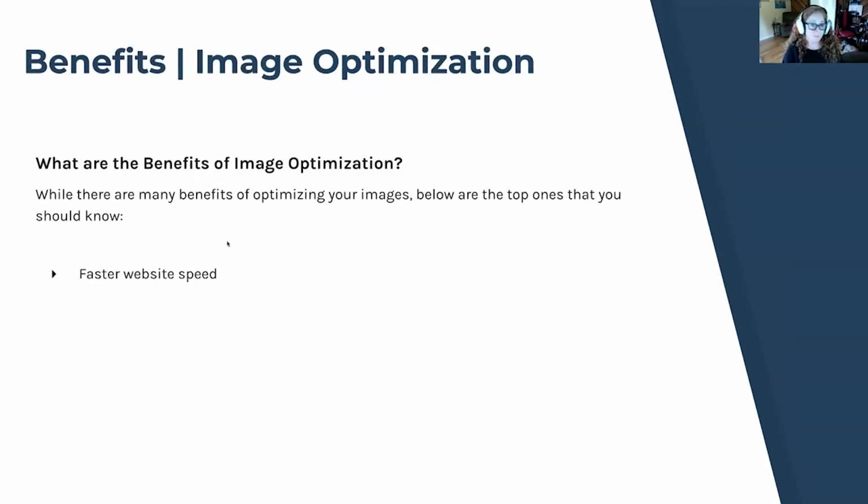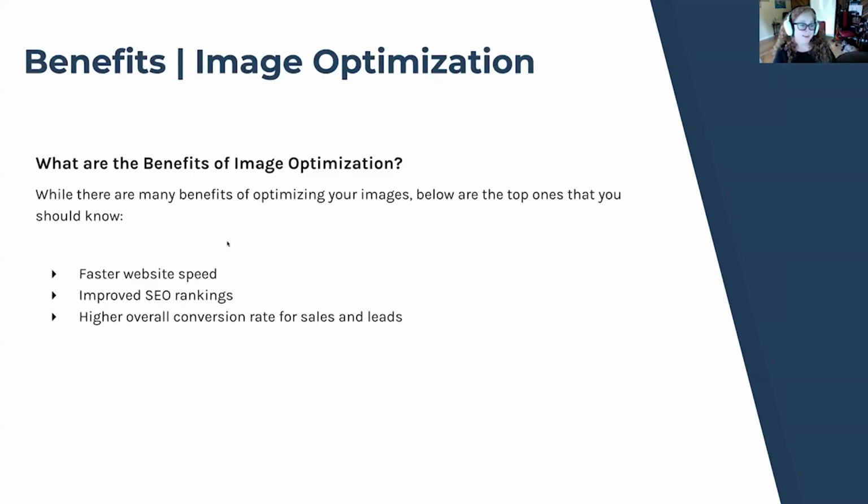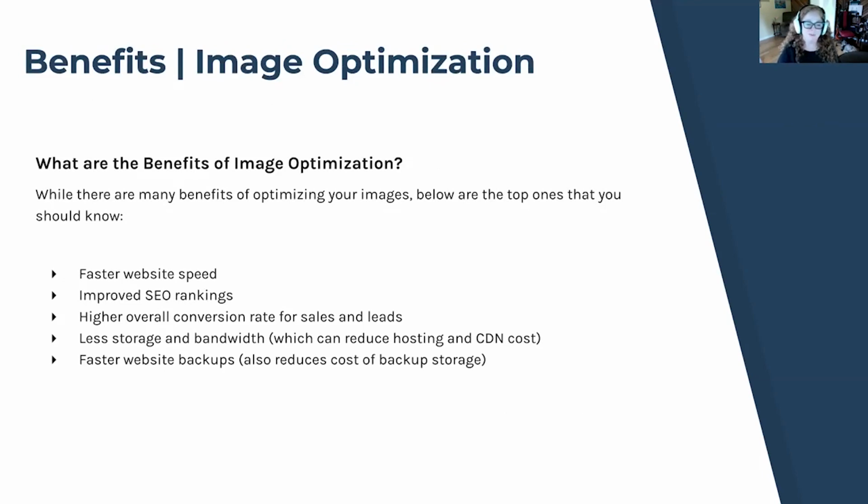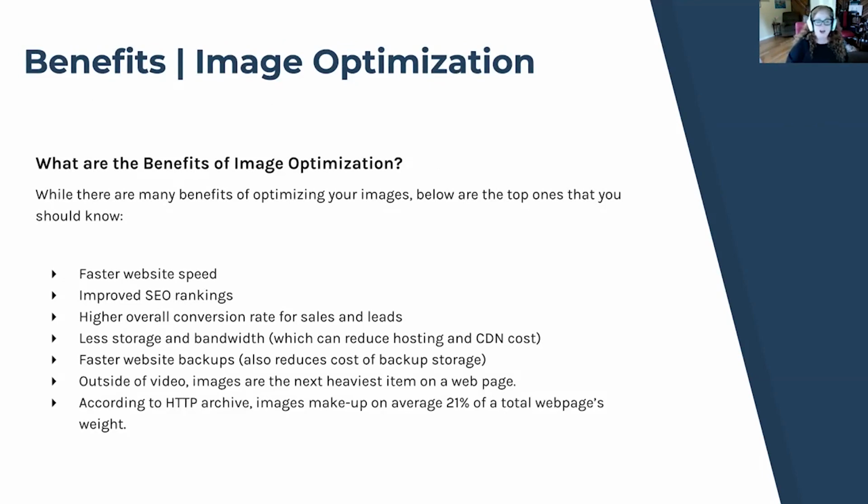There are some major benefits, which are like faster site speed, you improve your SEO ranking, you can get a higher conversion rate. You can actually show up on the image results page. You can actually tell Google that you don't want an image to show up on the image results page. And they're the heaviest item on a website, right?